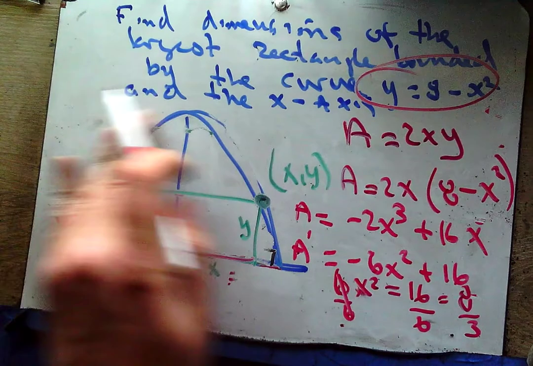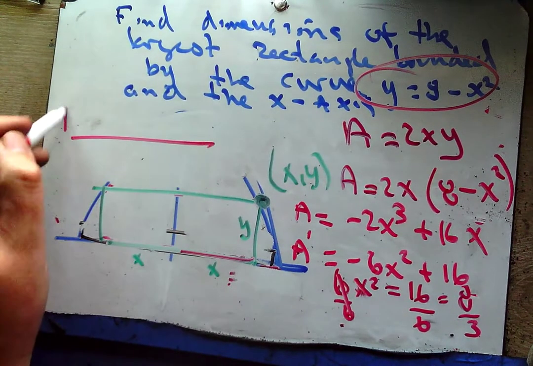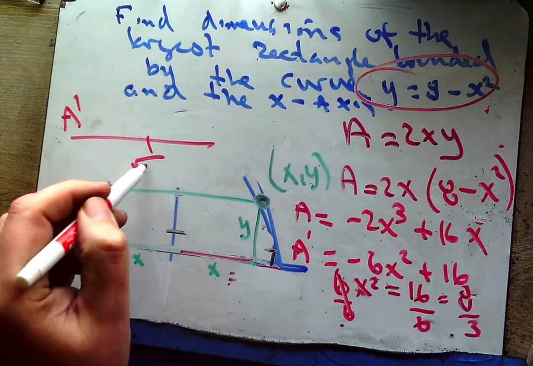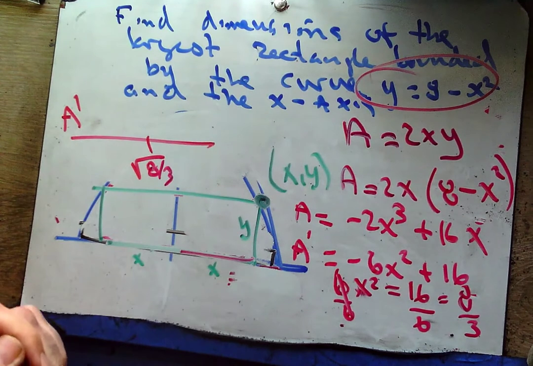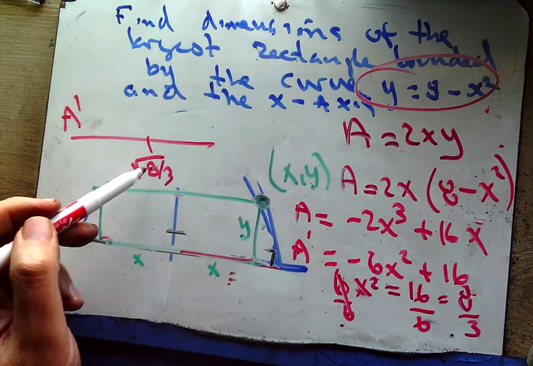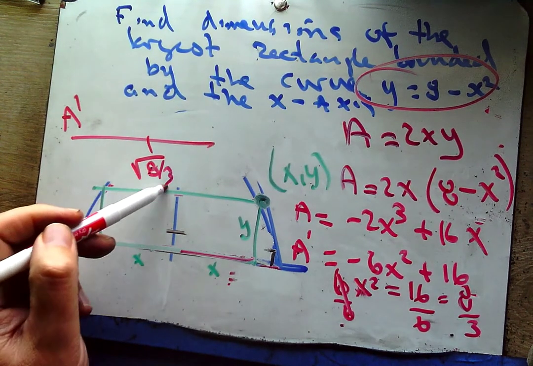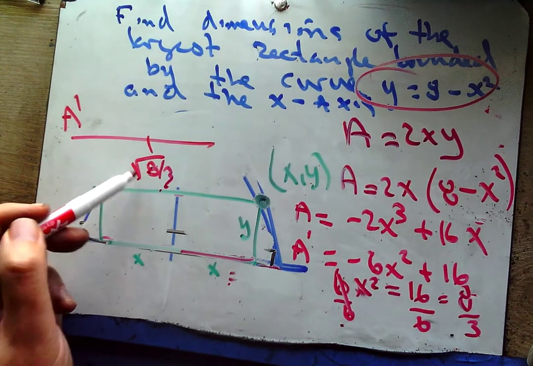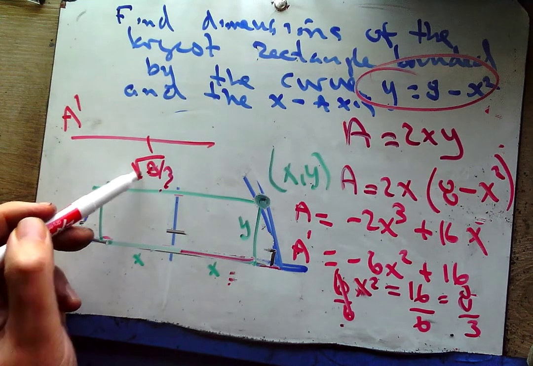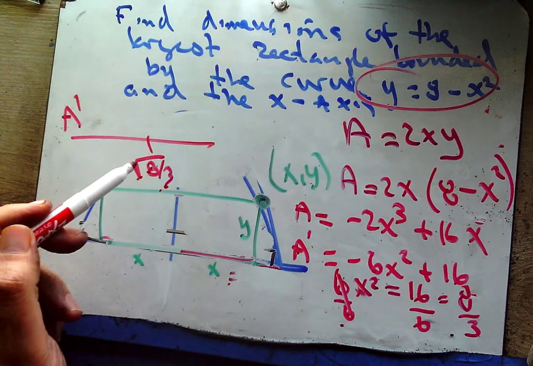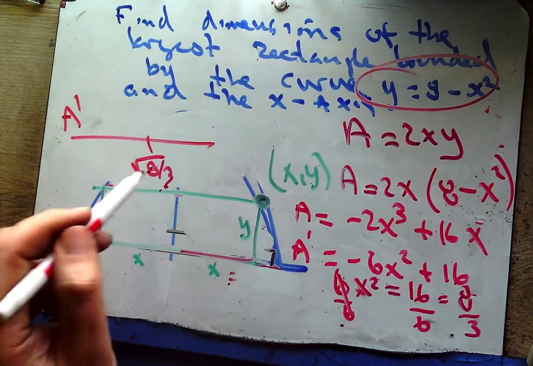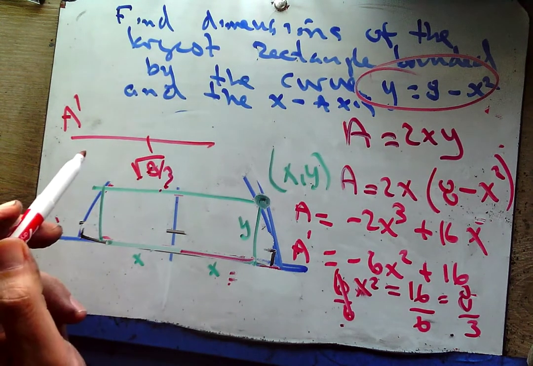Okay. So let's make an A prime sign chart and put the square root of 8 thirds on it. Well, that's almost 9 thirds, which is almost 3. The square root of 3-ish is 1.7-ish. So this is smaller than 1.7.